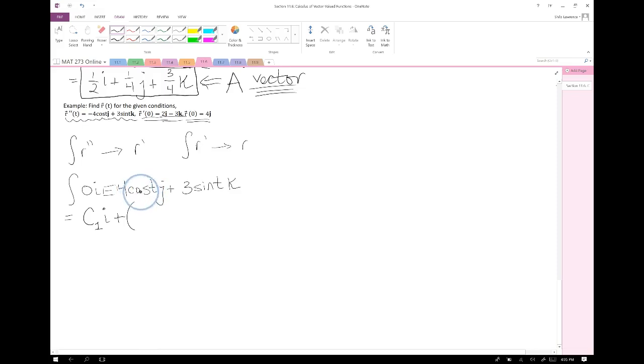And the antiderivative for cosine is sine, and the coefficient just carries along. So the antiderivative for negative 4 cosine t would be negative 4 sine t plus some arbitrary constant.